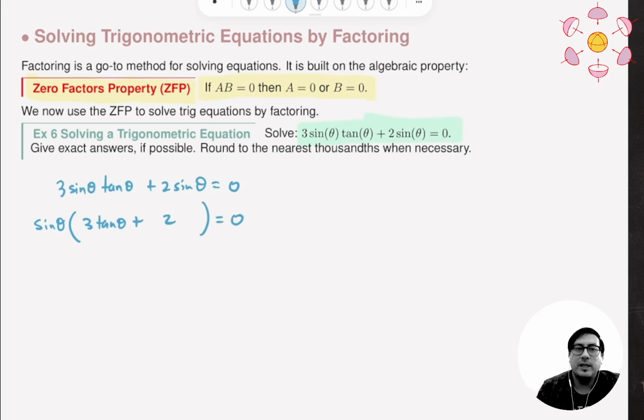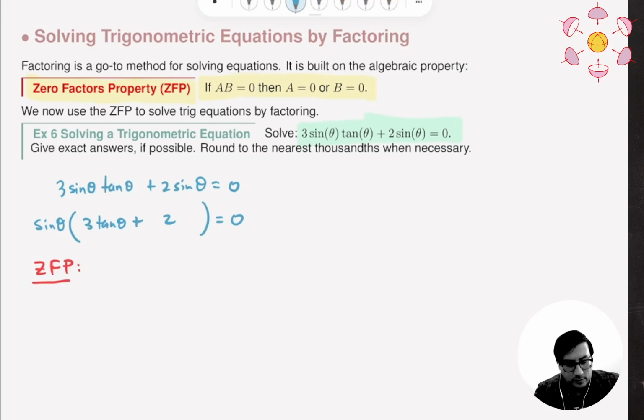Okay, so what we've got now is sine theta times this other piece. Let's use the zero factors property to split this into 2 separate equations.